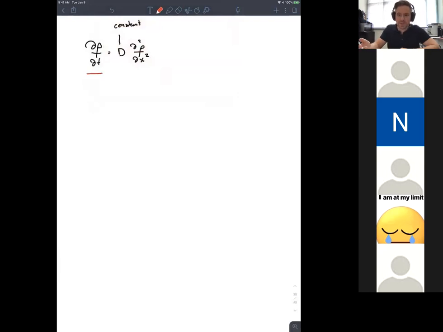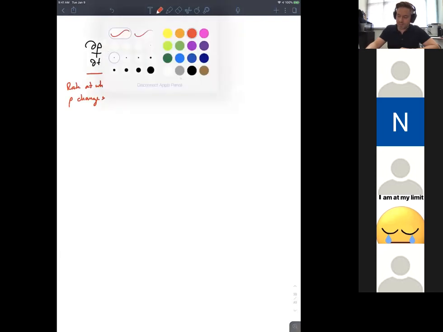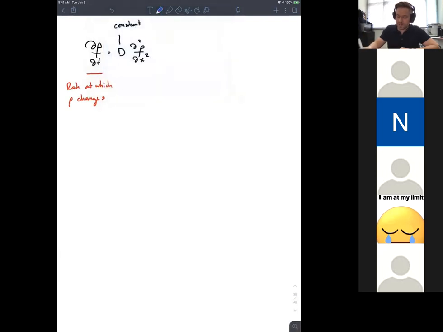This is the rate at which your concentration gradient rho changes. On the right-hand side, the only other thing we've got is the second derivative with respect to position.